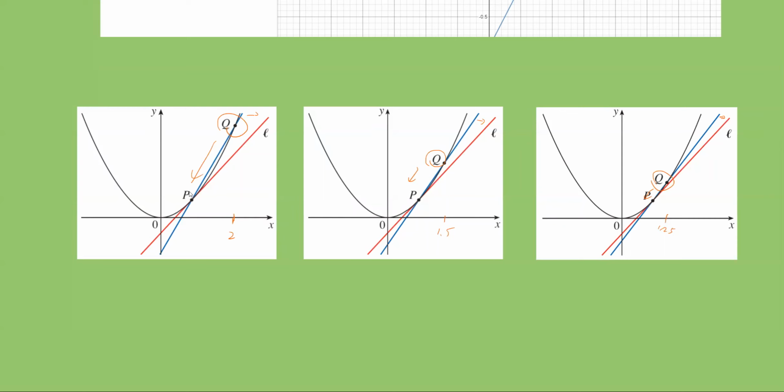Now you can get as close as you want, right? Because the tangent line, by definition, only touches the curve at a single point P. But what we can do here is approximate what the tangent line is by selecting another point Q and making it closer and closer to P. So the blue lines here are called the secant lines.